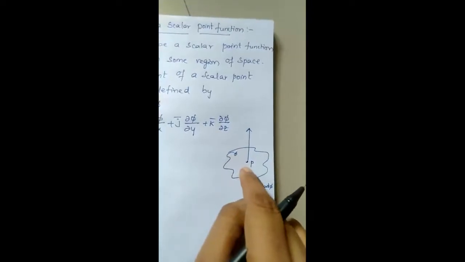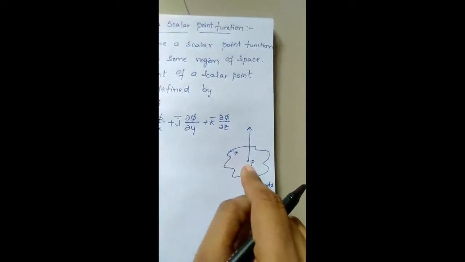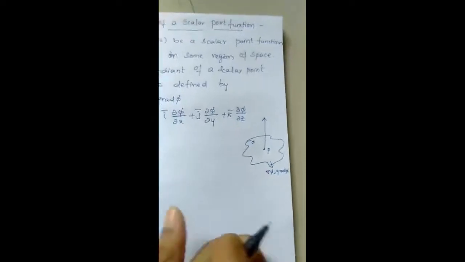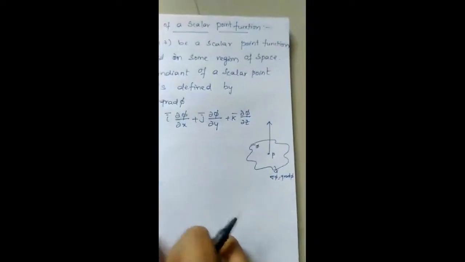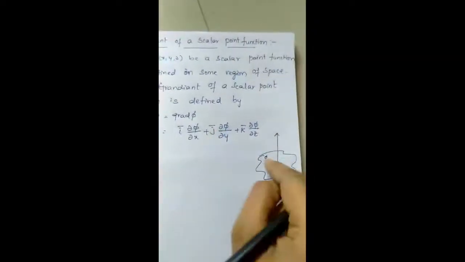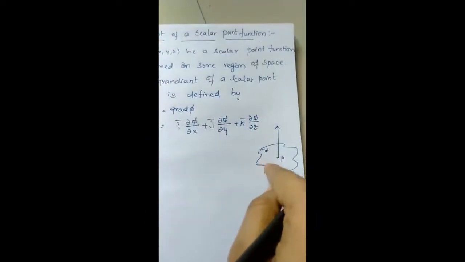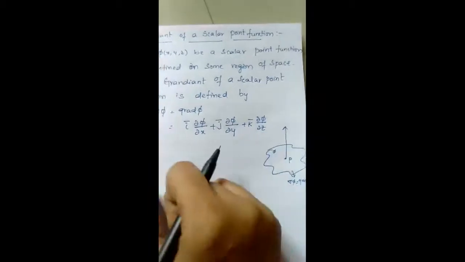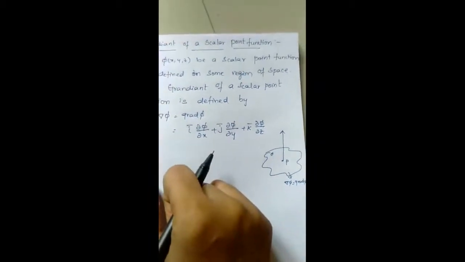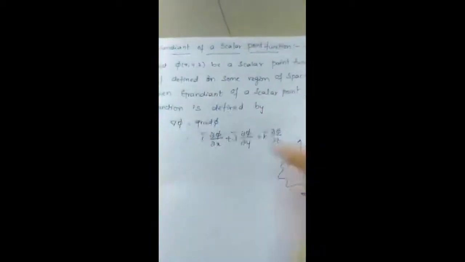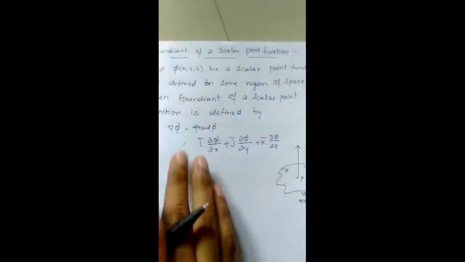So a vector normal to the surface at point P is known as the gradient of phi.